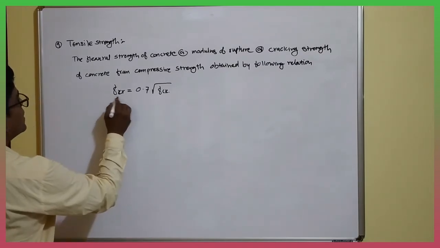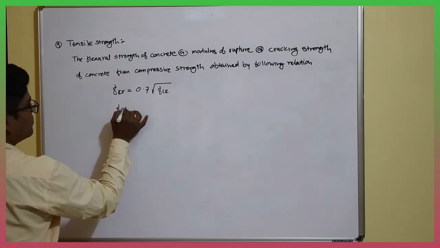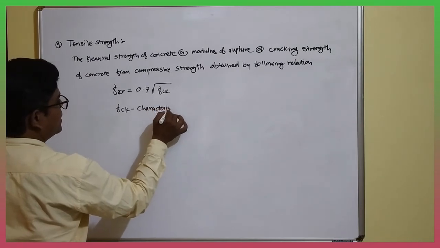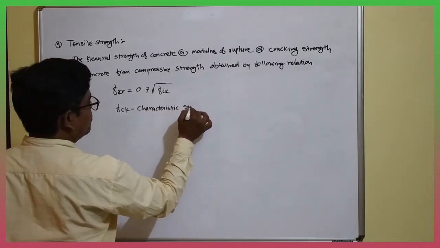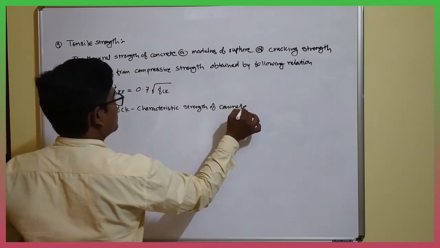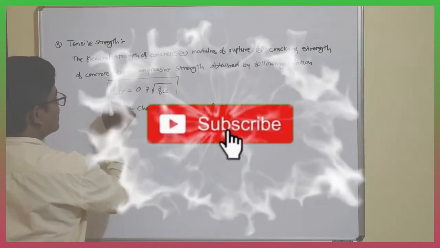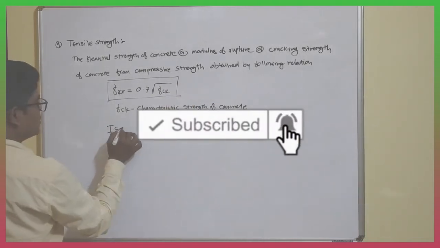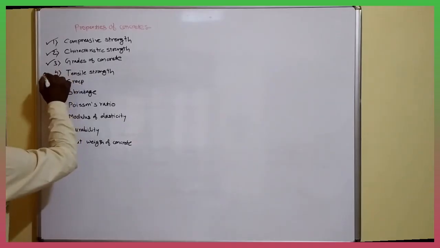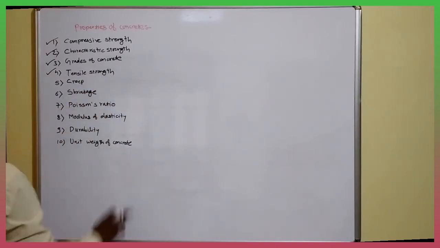So here FCR is the tensile strength and FCK is the characteristic strength of concrete. So this relation is given in IS 456/2000. This is about the fourth property, that is tensile strength.